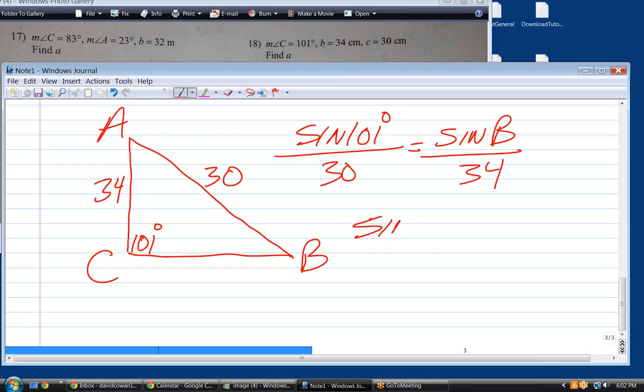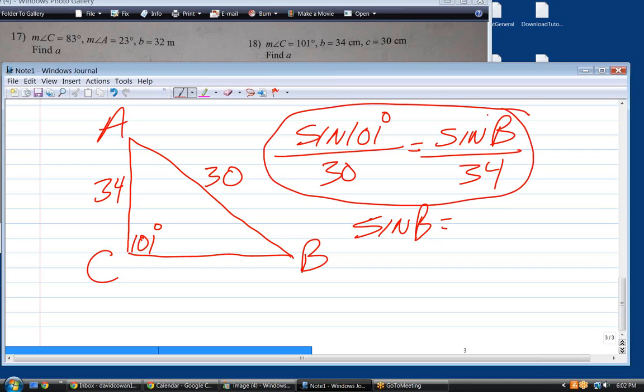So what is sine B equal to? Do we have to take the inverse of something? Well, not yet. Let's do the algebra. That's why I'm asking. So what's sine B equal to? It is 1.1.